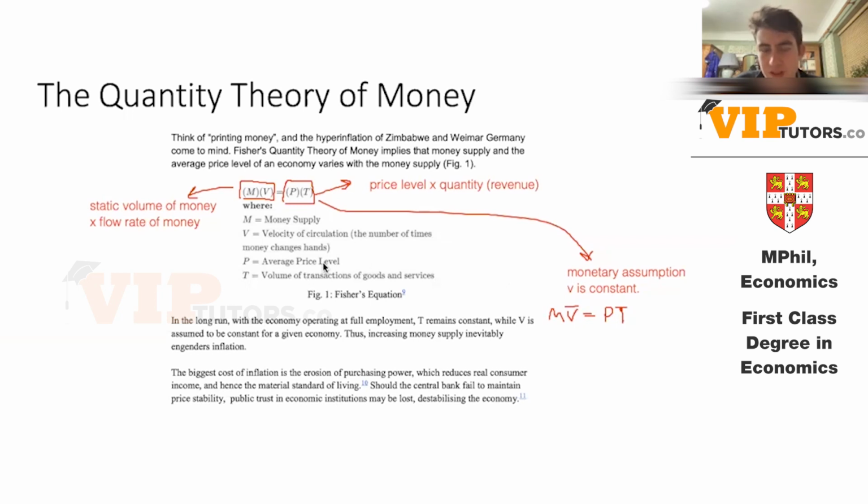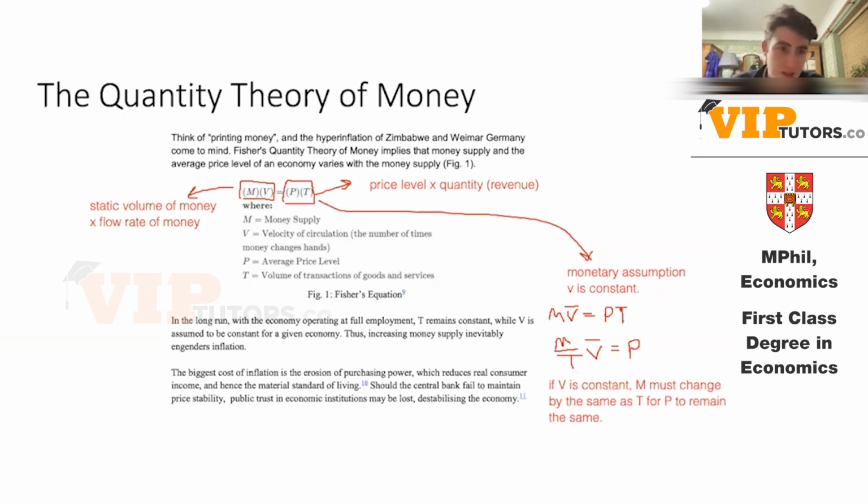Now, if we want to understand really what inflation is, inflation is the change in price, right? So if we take M over T times V equals P, we can see that if V is constant, M must change by the same as T for P to remain the same.